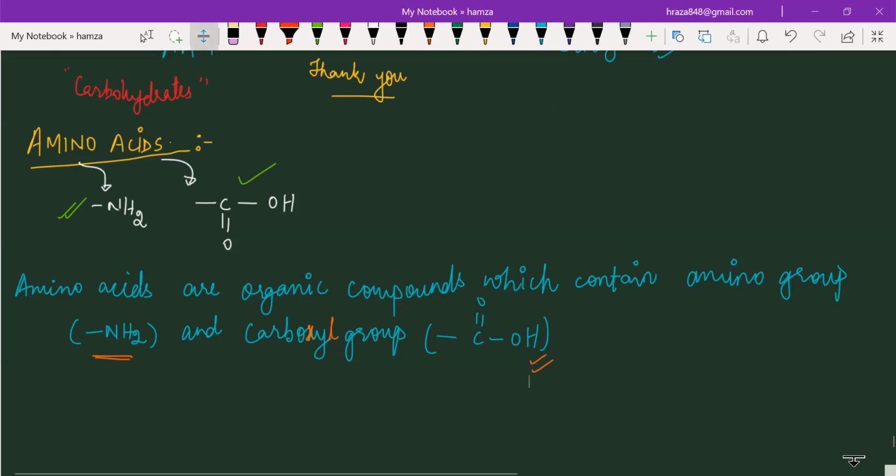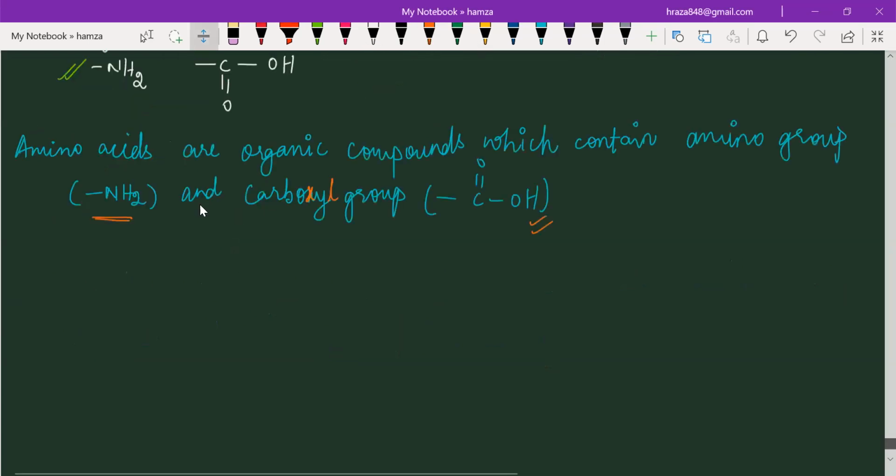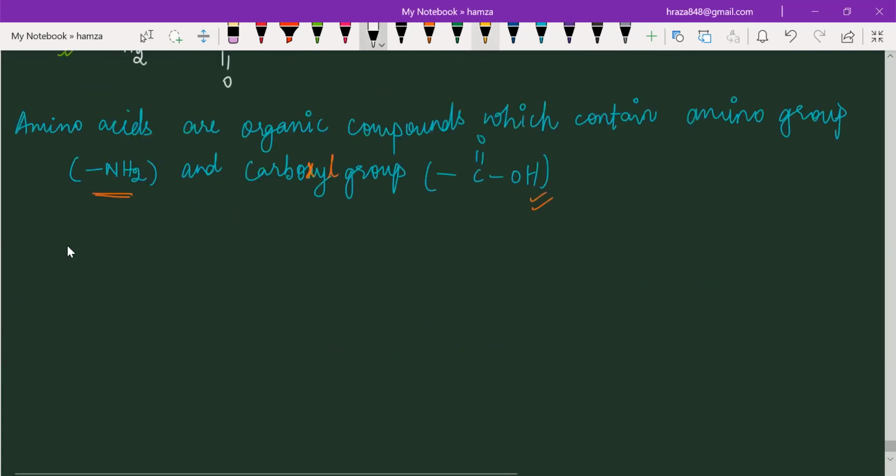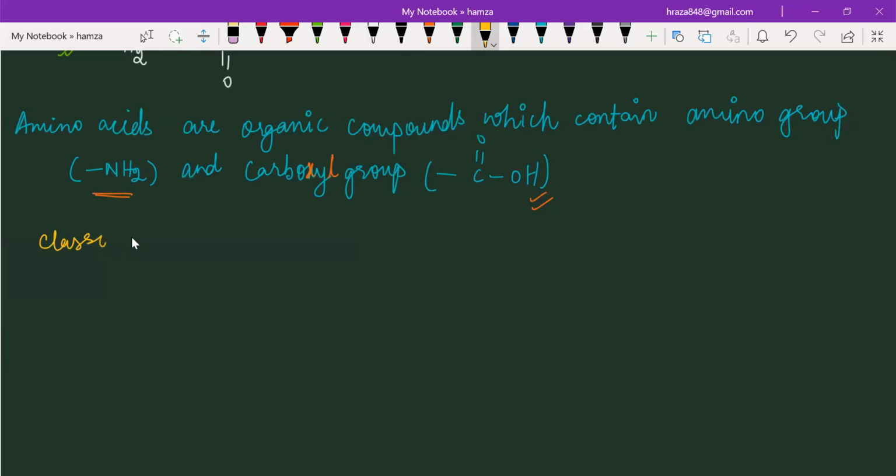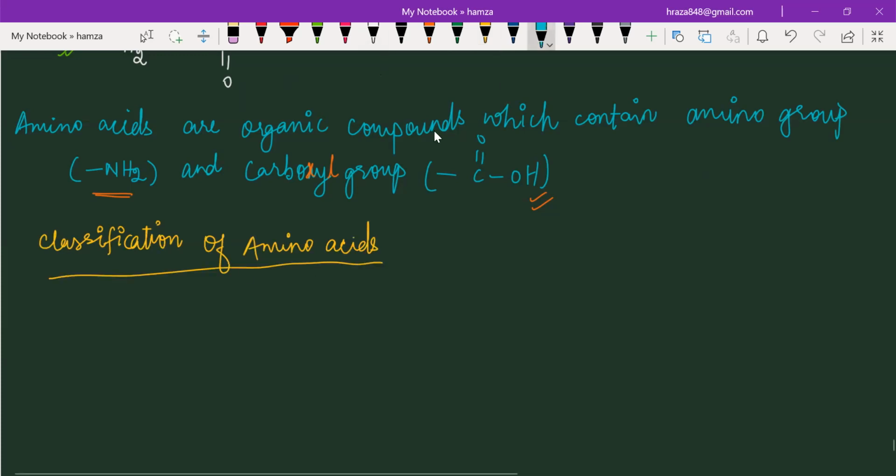Going to change the slide. Now see, classification of amino acids. How are we going to classify it? It's very easy.